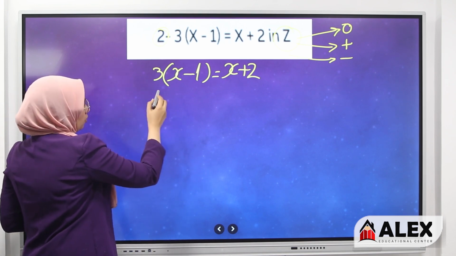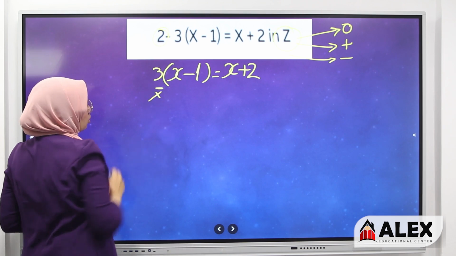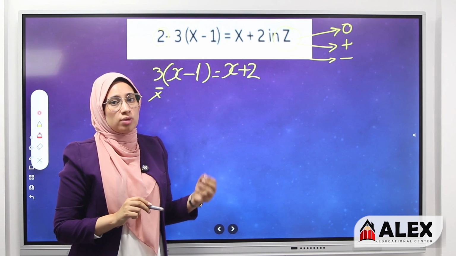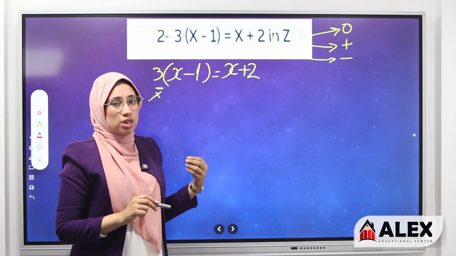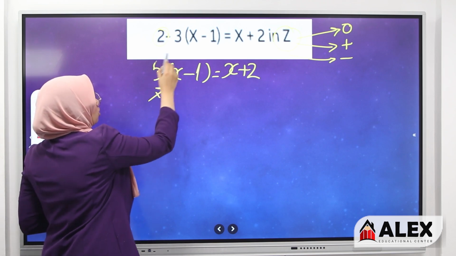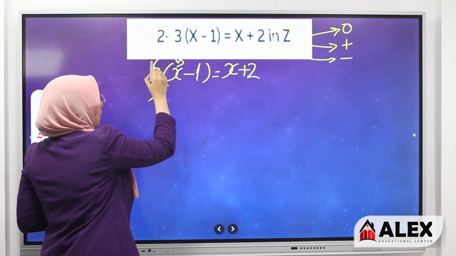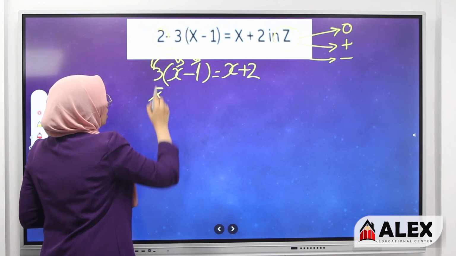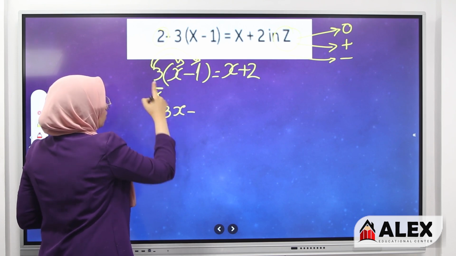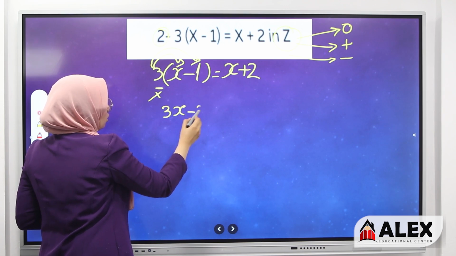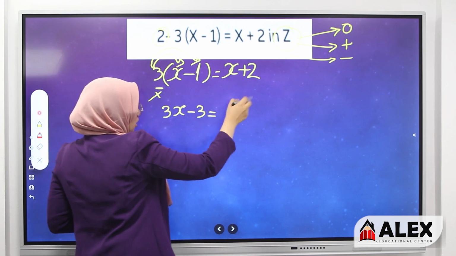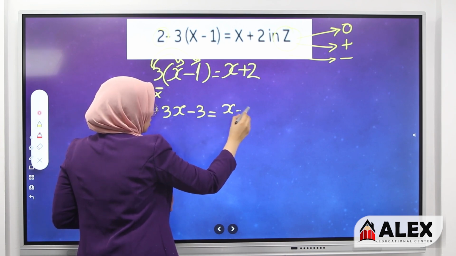Any bracket, any number outside it we call a times, and we should distribute the 3 over this bracket by multiplication: 3 times x and 3 times 1. 3 times x equals 3x, negative 3 times 1 equals 3. And the next term is the same: x + 2.